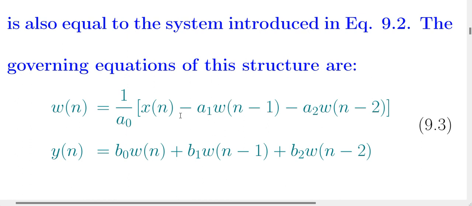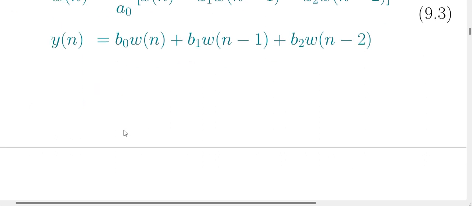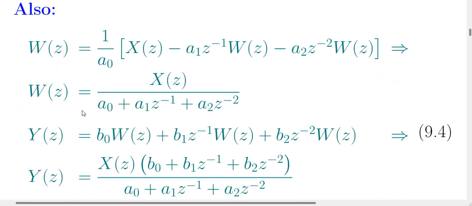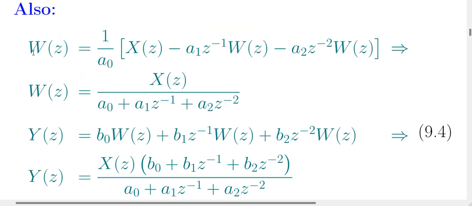So we should get rid of w[n] to reach the original equation. But in time domain, it's difficult. So we try to use everything in z domain.